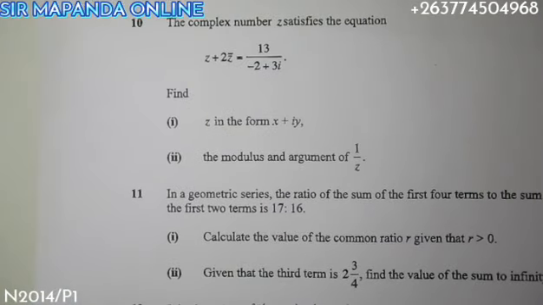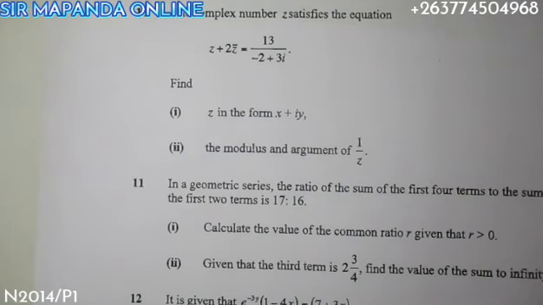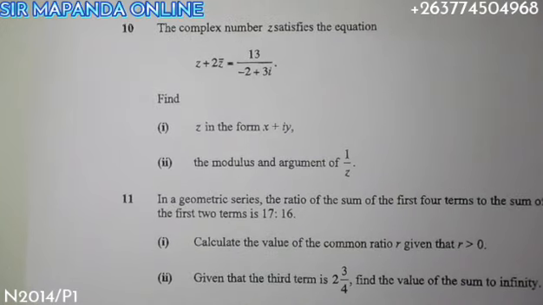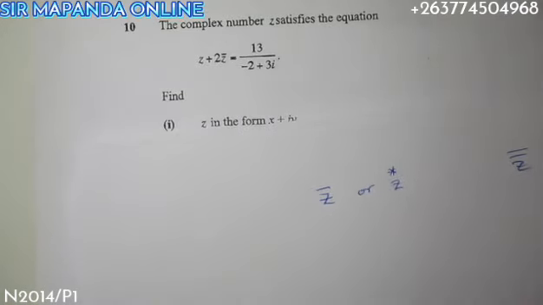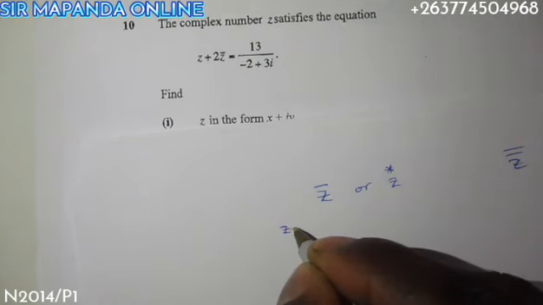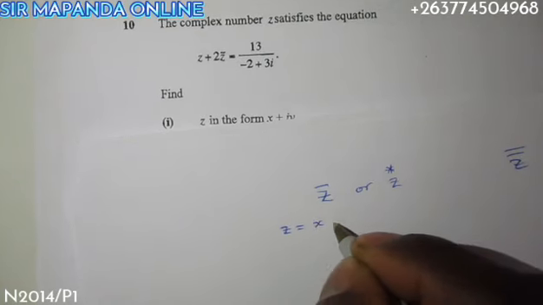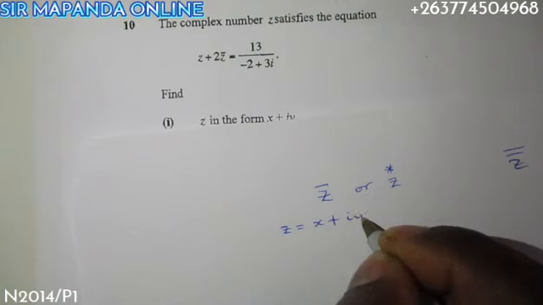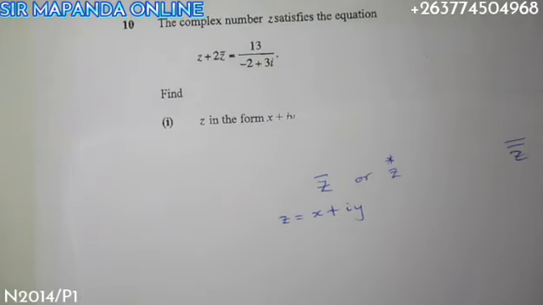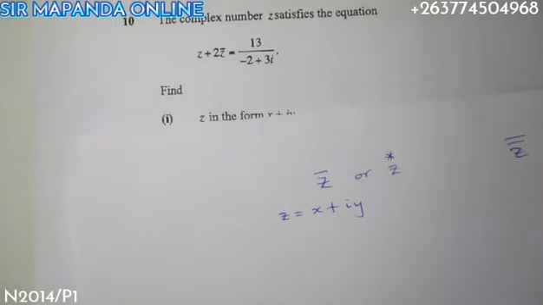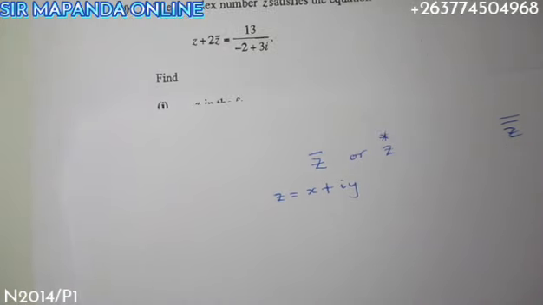Is equal to 13 over minus 2 plus 3i. Find z in the form x plus iy, 3 marks. Let me represent z with x plus iy, the required form. I am going to substitute x plus yi for z in the above equation.